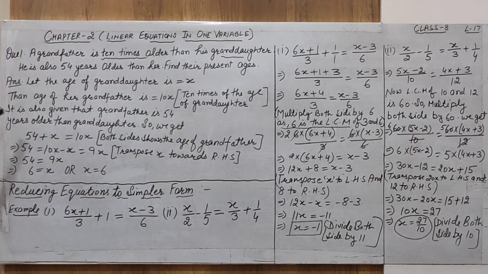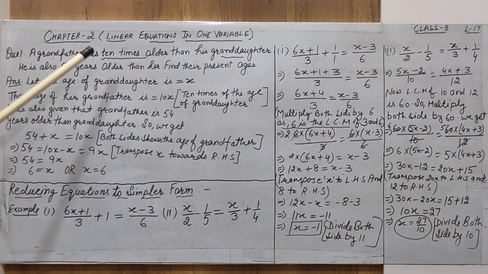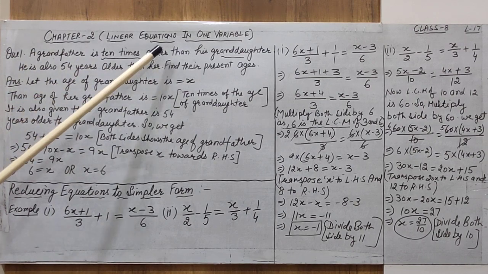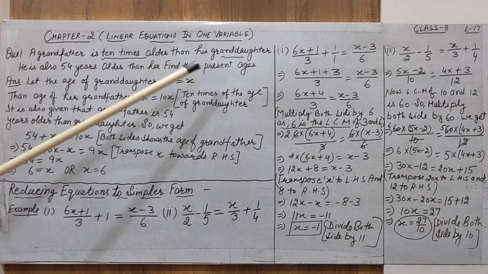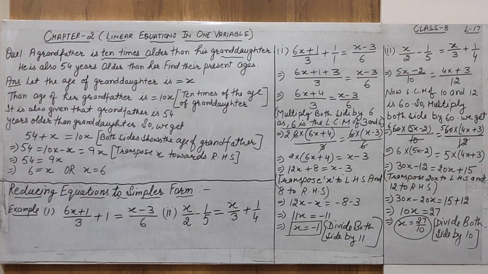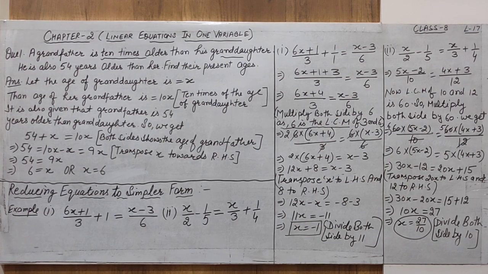हमें उन दोनों की, that is granddaughter की and grandfather की present age निकालनी है. Alright, now the grandfather is 10 times older than granddaughter. What we have to do? Their present age we have to find out. How can we find out the present age of the granddaughter and the present age of the grandfather?